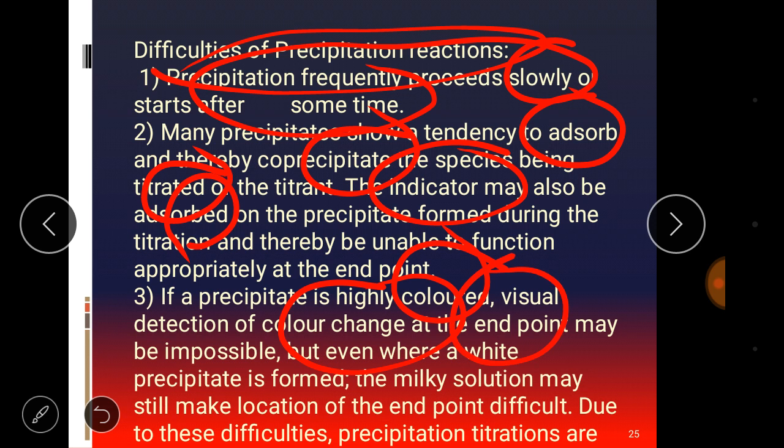For example, if a reaction produces a white precipitate as the product, then the milky solution may still make location of the endpoint difficult. Due to all these difficulties, precipitation reactions have limited applications nowadays.